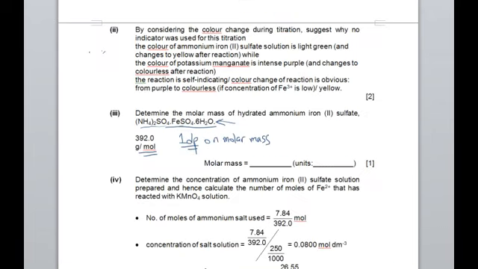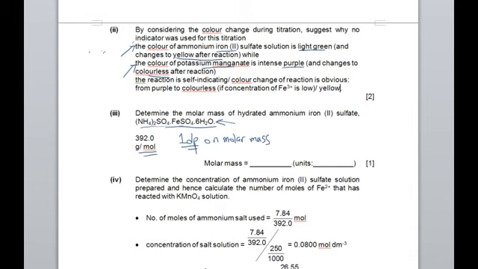Okay, in part 2 of the question, you are asked to suggest why no indicator was used for the titration. So there are 3 things you should tell me. The first 2 things you should tell me are the color changes for the 2 chemicals. You should be able to tell me that the iron 2 is originally light green and it will turn to yellow after the reaction, and that the potassium manganate is originally intense purple and after the reaction is colorless.